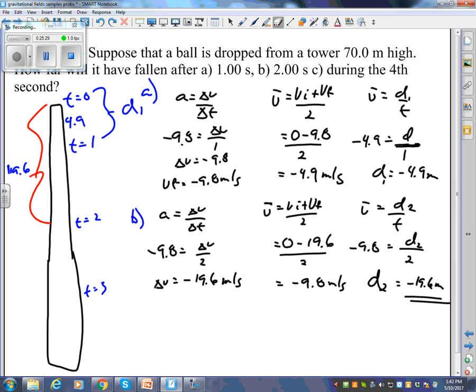Which portion of that trip, between 0 and 1 or between 1 and 2, did it travel farther? Neither of them is the same distance. From there to there is 19.6, so how much is it from 1 to 2? Just subtract: 19.6 minus 4.9.